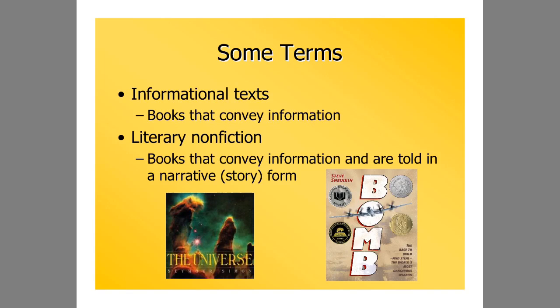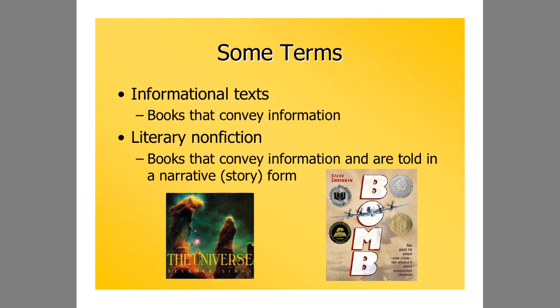One example would be The Universe by Seymour Simon, who is a really well-known author of children's nonfiction. And The Universe, as the title implies, simply describes the universe, as well as things like different galaxies and so forth.